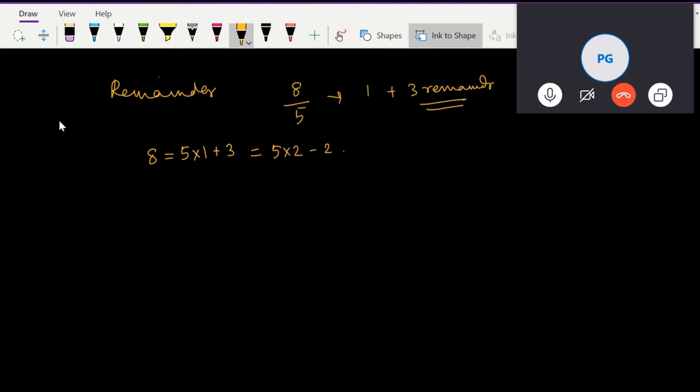The reason why I'm doing this is because I want to show you the concept of negative remainder and how effective it is, right? So if I do this, then my remainder is minus 2, okay? So that means if I divide 17 by 19, the remainder is either plus 17 or minus 2, right? Because I can write 17 as 19 into 1 minus 2.